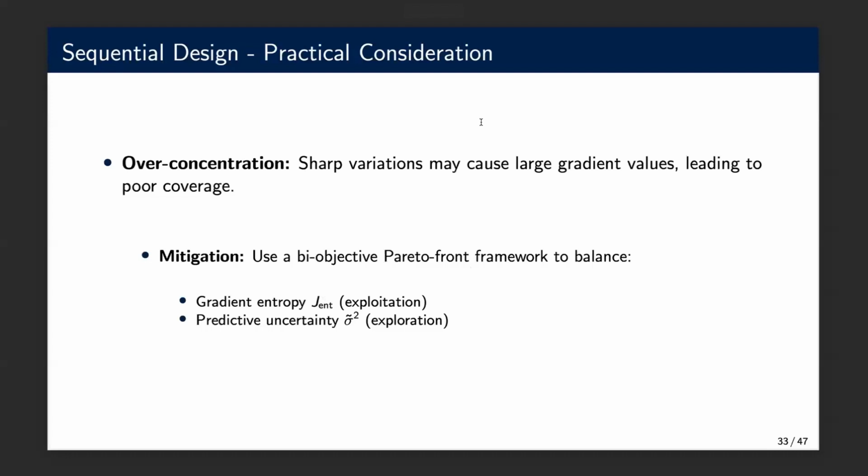There is another issue of over-concentration: if the function itself is truly discontinuous, your emulator will capture that and cause very large gradient values, leading you to only sample around that point and not explore. Our solution is to use a bi-objective Pareto frontier framework to balance our acquisition function and the uncertainty about the regions given by our DGP emulator.